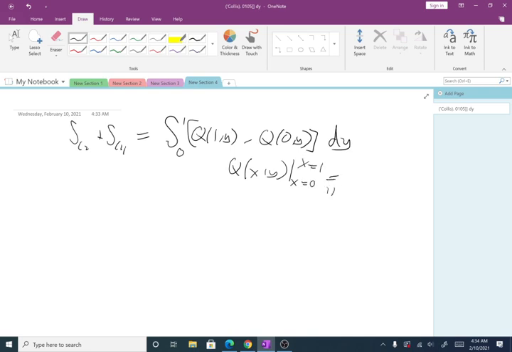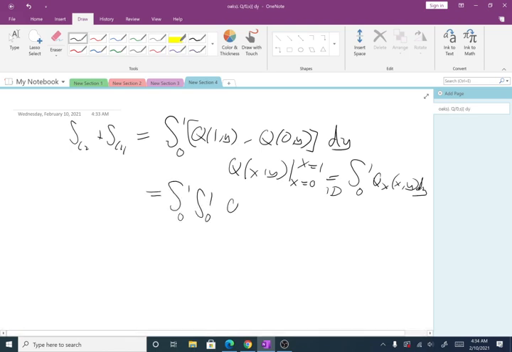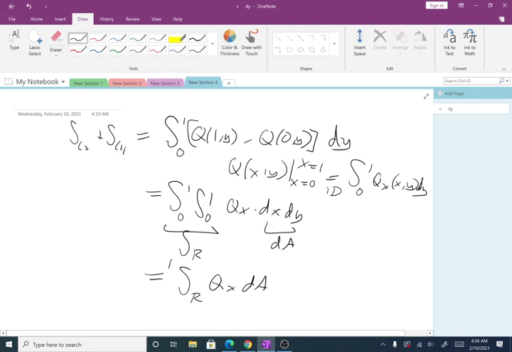So we just apply the 1D fundamental theorem of calculus. And of course, now we just have 0 to 1, 0 to 1, Qx dx dy. This is dA, and this is the integral over our region, so it's just what we want. So this is the right-hand side of Green's theorem.